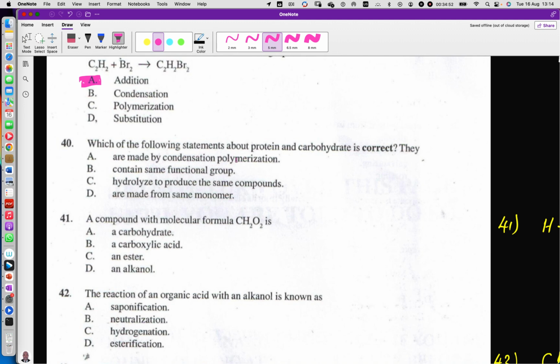Proteins are long chains formed from polypeptides. On hydrolysis, are they made from the same monomer? No. So the only correct statement about protein and carbohydrate is that they are condensation polymers.